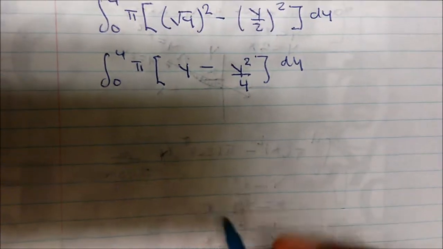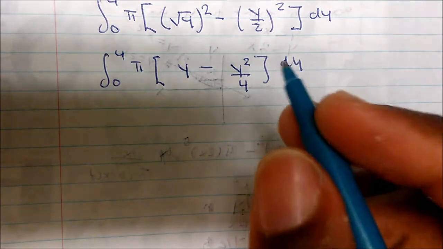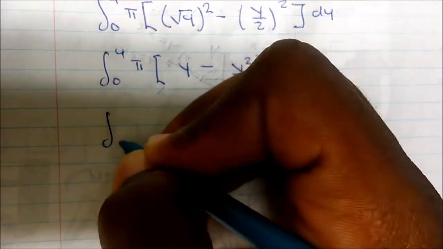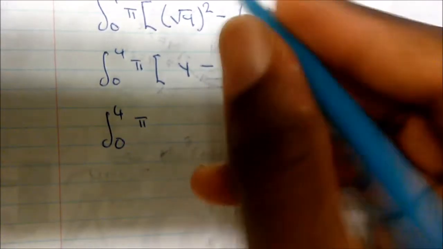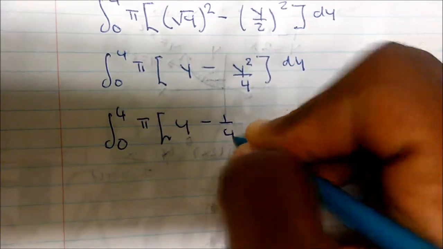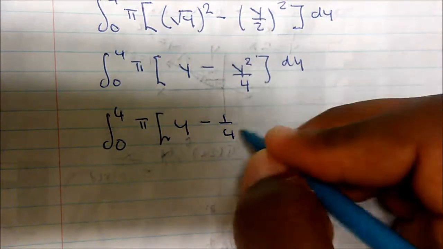Okay, so at this point I can just go ahead and take my integral, from 0 to 4. So this is given by the integral from 0 to 4 of y minus 1/4 y squared dy. I like to factor out my coefficients.